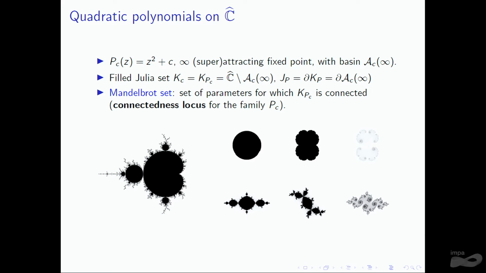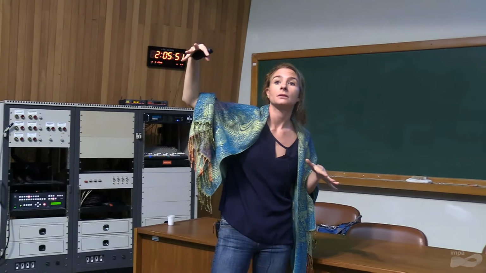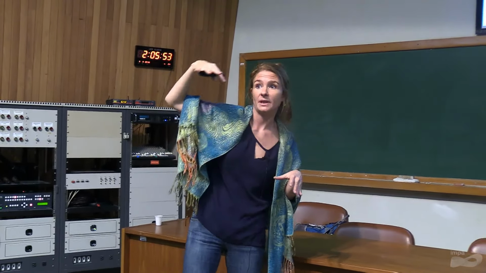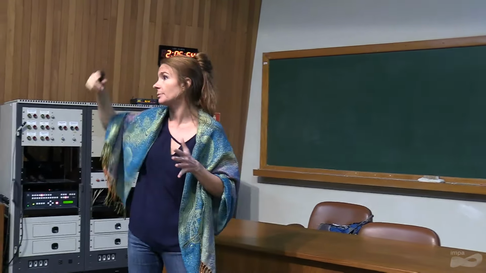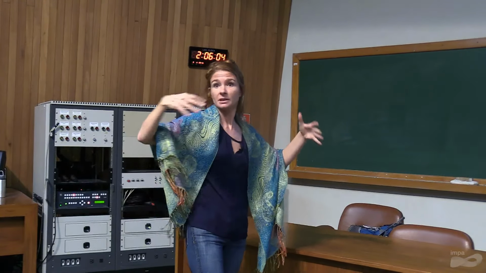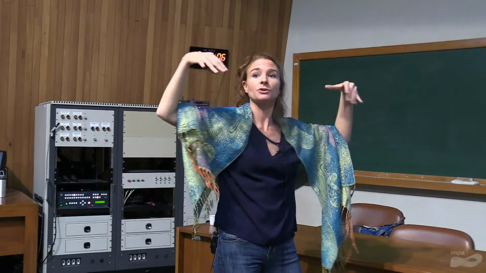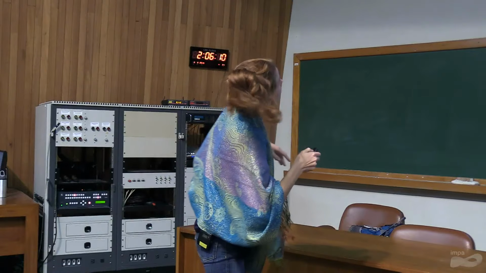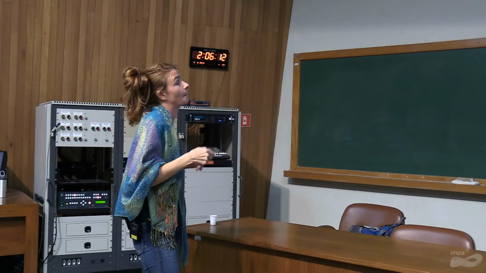Infinity is fixed, and it has a set of points attracted by it. It's easy to see, because if you take a point very, very big, when you square it, the modulus becomes even bigger, and it becomes even bigger, and it gets attracted to infinity.